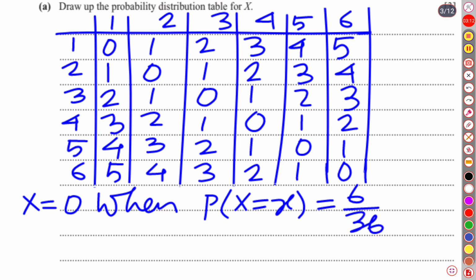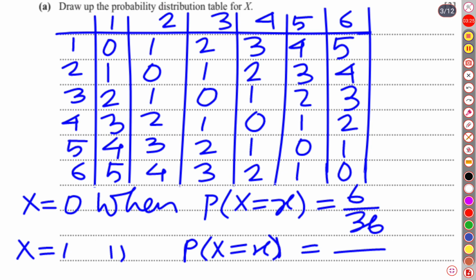When x is equal to 1, let's see how many ones are there out of 36. So 1, 2, 3, 4, 5, 6, 7, 8, 9. There are 9. Are there 9 ones?